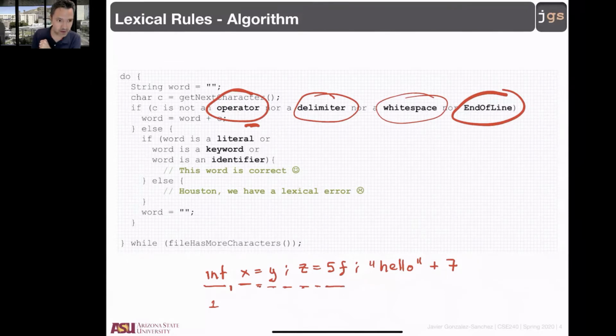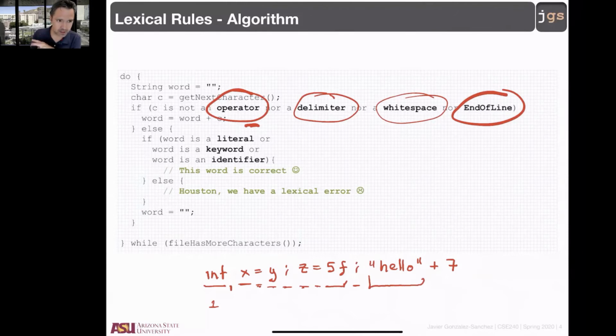5F. Could you agree with me that 5F are going to be together? There is no white space. There is nothing between them. They are together. Then the semicolon, and then I am opening quotation. Everything is going to be together until I close the quotation.